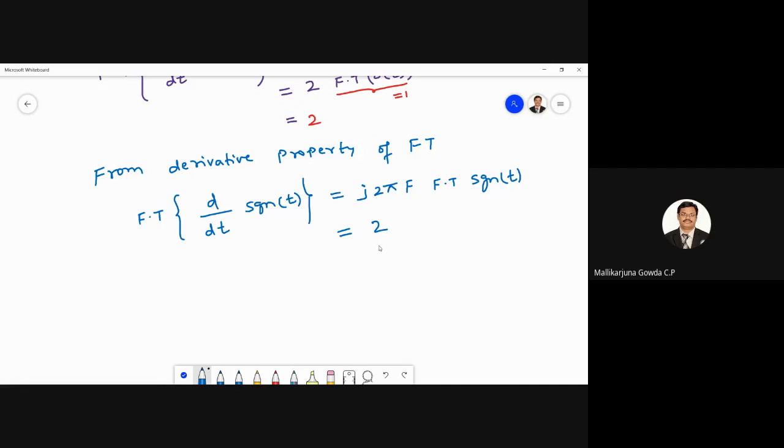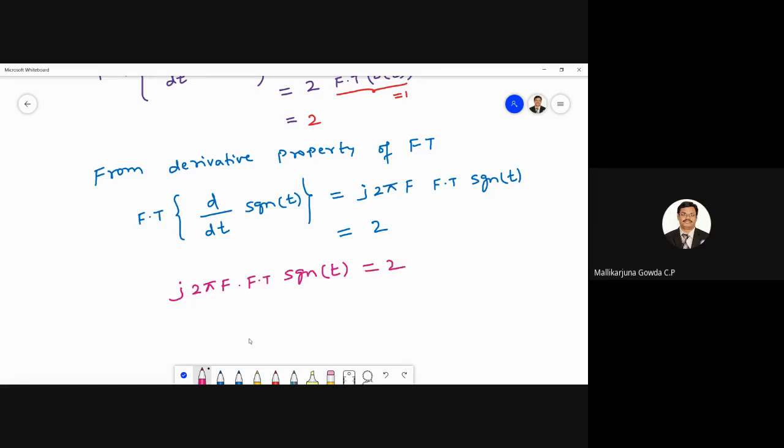So what I can write is, j 2 pi f into the Fourier transform of sgn of t is equal to 2.